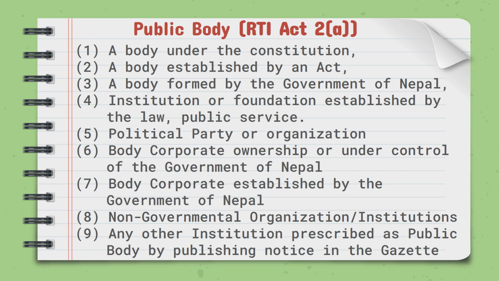These are public bodies, and any other institution prescribed as public body by publicizing notice in Nepal Gazette will also be public body, which are under scrutiny of public audit.